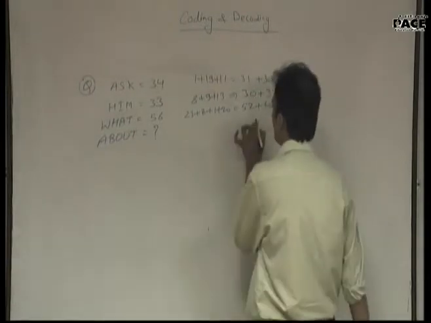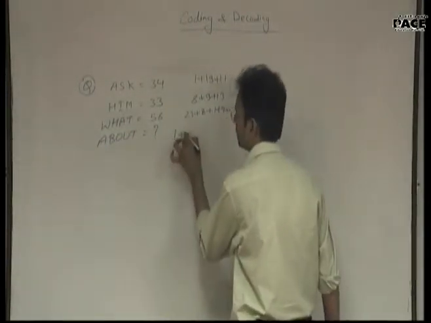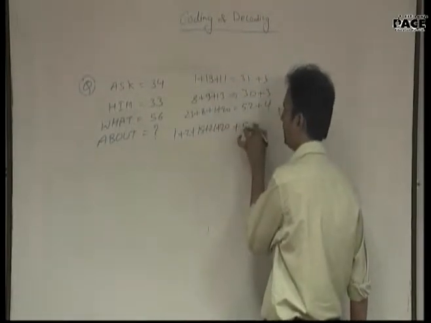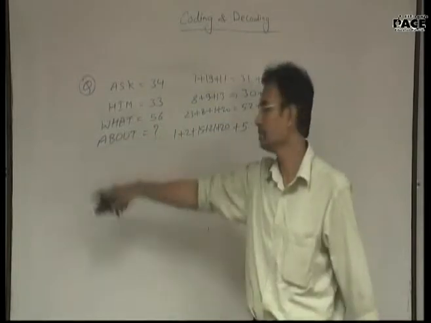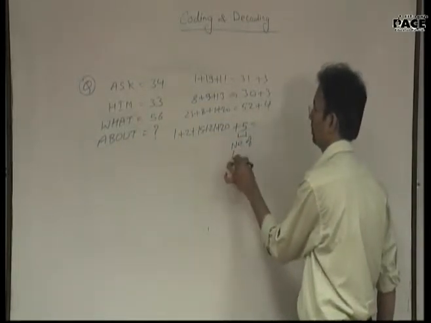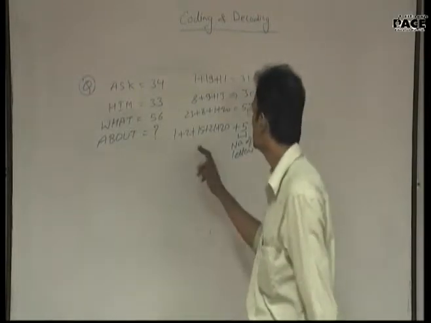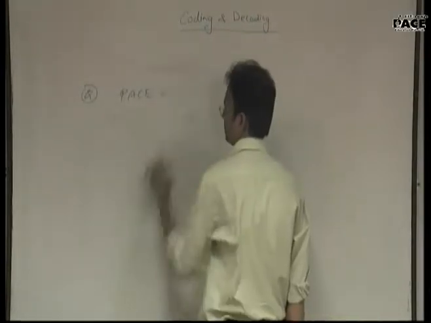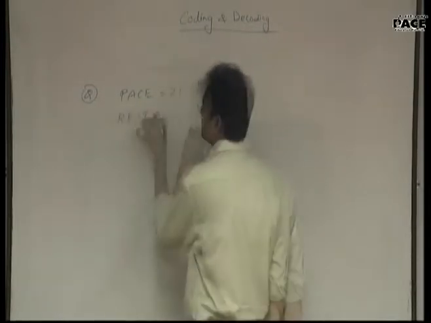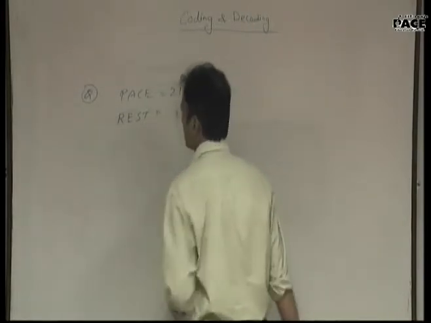Similarly here, we'll add 5 plus, now this is 1, 2, 15, 21 plus 20, and plus 5 is the number of letters. Space. Raised.